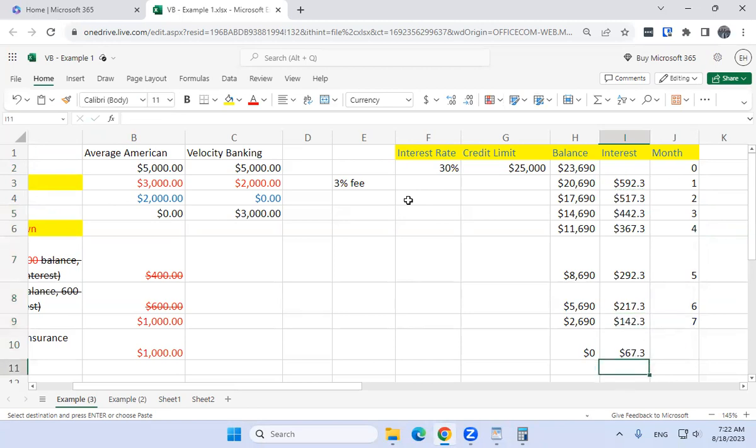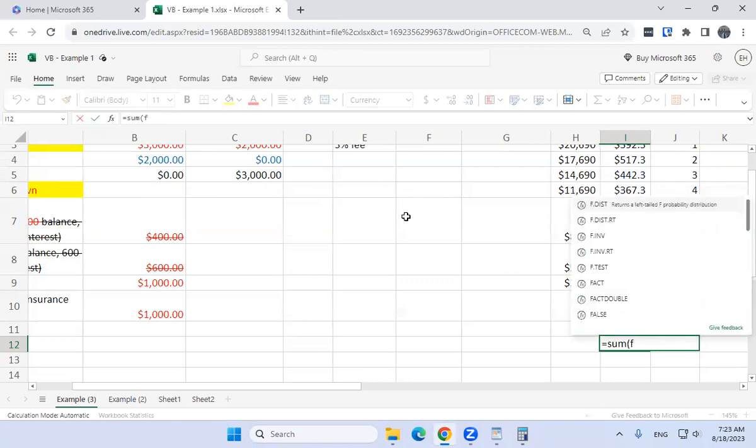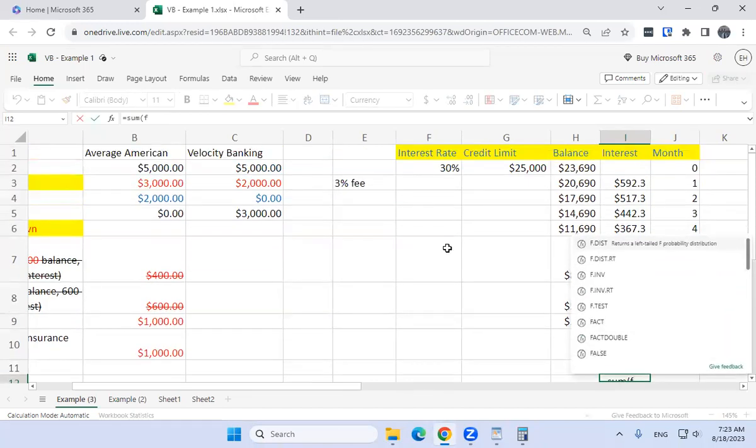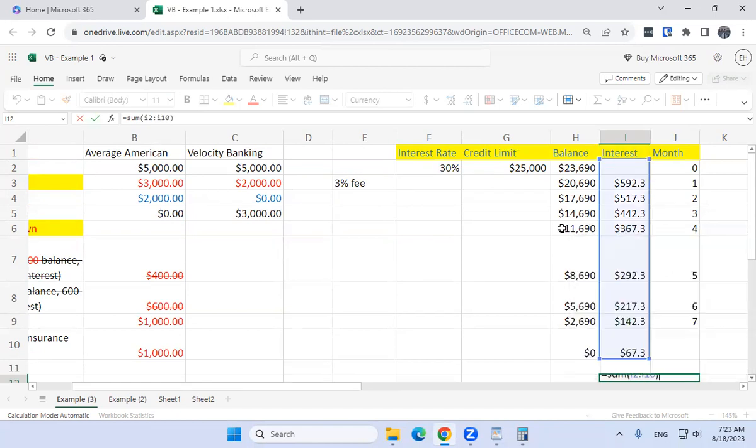So let's see how much time it took us to pay off the credit card. So I2, okay, it's I2 to I10.